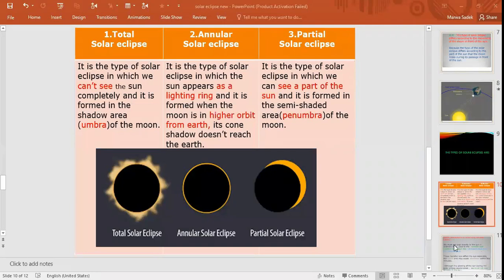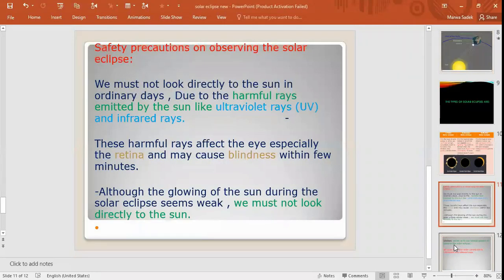Do you think that we can look directly at the sun during the solar eclipse? Of course not. In ordinary days, we can't look directly at the sun. Why?